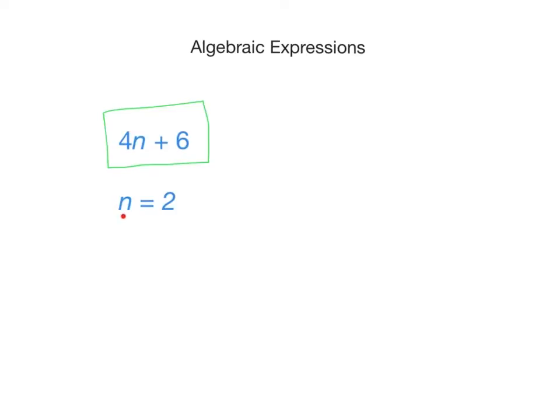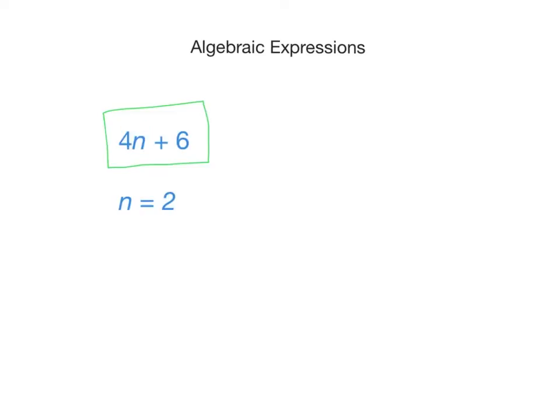So if our variable is given a number, for example 2, we can go ahead and solve it like we've done on the previous page by substituting 2 into n. But if we just have our expression, we cannot solve or evaluate this because n being our variable can be any number that we want.